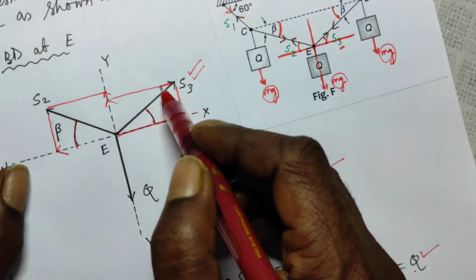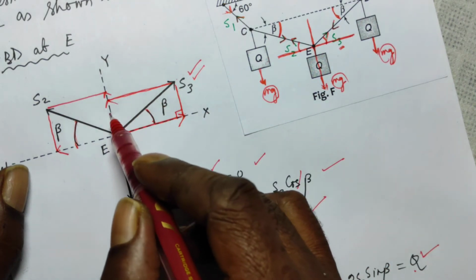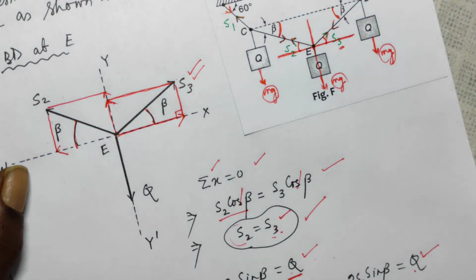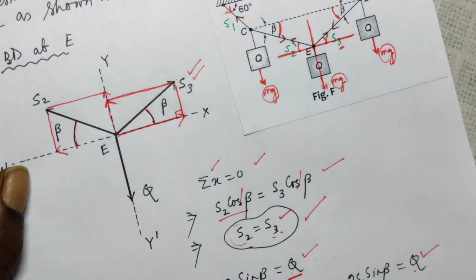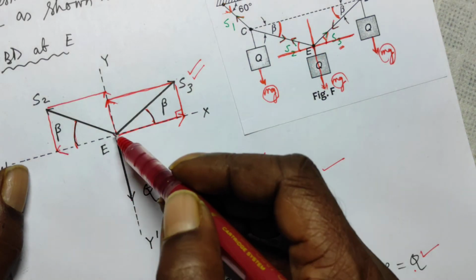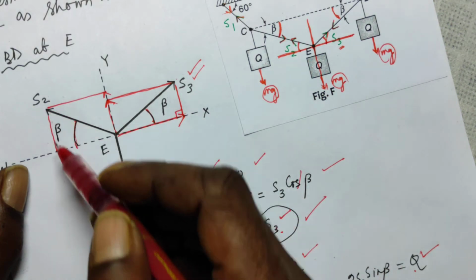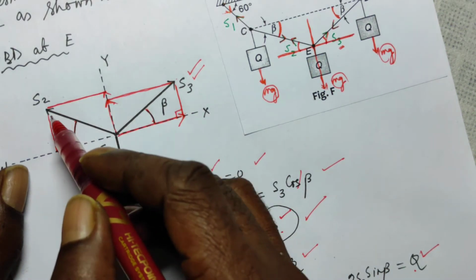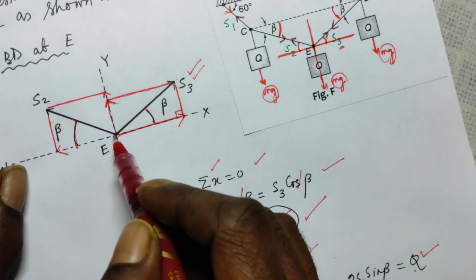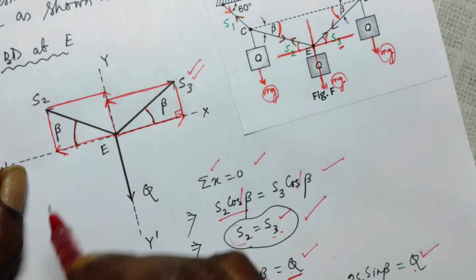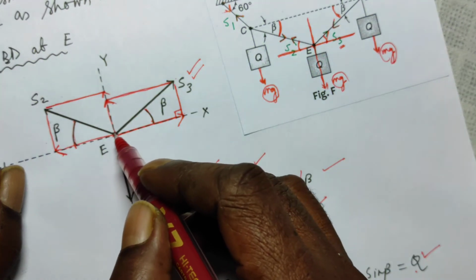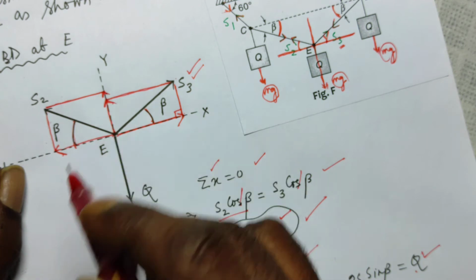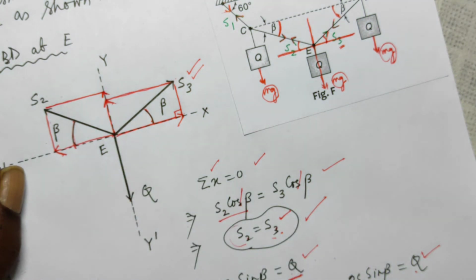From here, if you drop a perpendicular on the y-axis, from here to here will be the projection of S3 along the y-axis, and that will be S3 sin beta. Similarly, this is the tension force S2. I have drawn a perpendicular here. Therefore, this part from point E to this point will be S2 cos beta, and from here to here, watch it carefully, will be S2 sin beta.